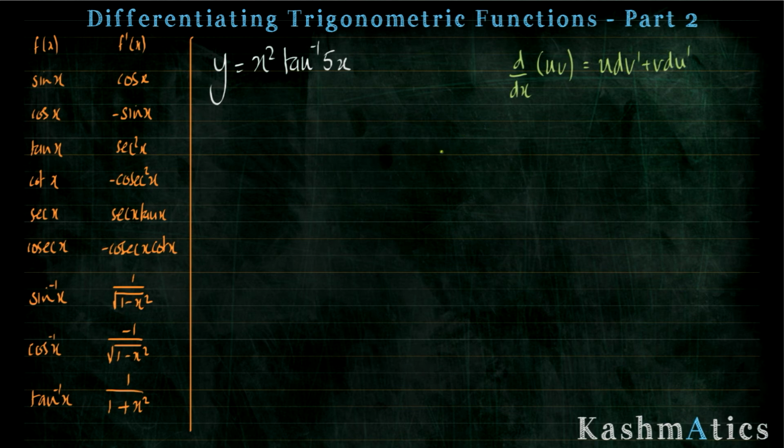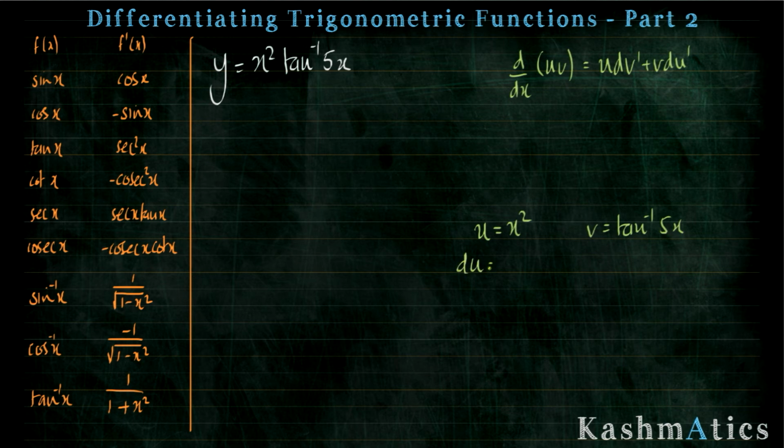And one last one. Now this one will be a little bit trickier because I've got the inverse tan function as well, so let's just take our time with this. I'm going to give myself a little bit more room, so I'm just going to put u and v over here. So u equals x squared and v equals the inverse tan of 5x.